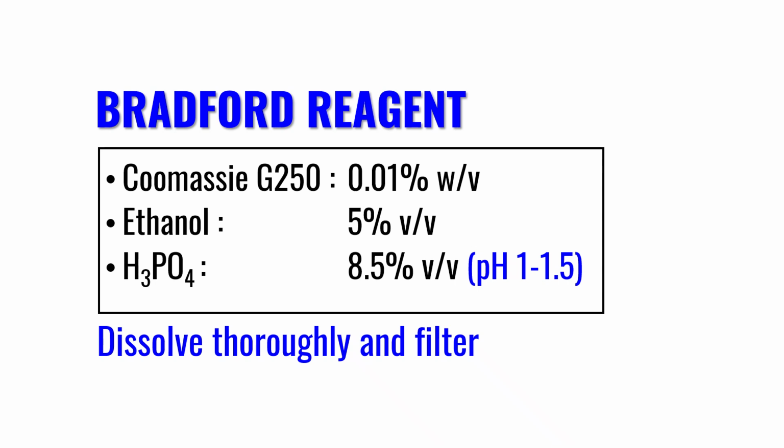So ethanol helps to dissolve the Coomassie, whereas phosphoric acid stabilizes the cationic form of the dye. However, it has been experienced that preparation of the Bradford reagent is time consuming and requires careful handling of the chemicals. Therefore, it is advisable to use commercially available ready-to-use kits, following the instructions from the supplier.